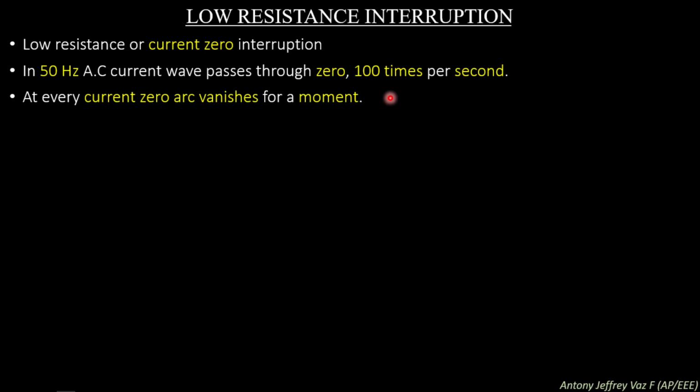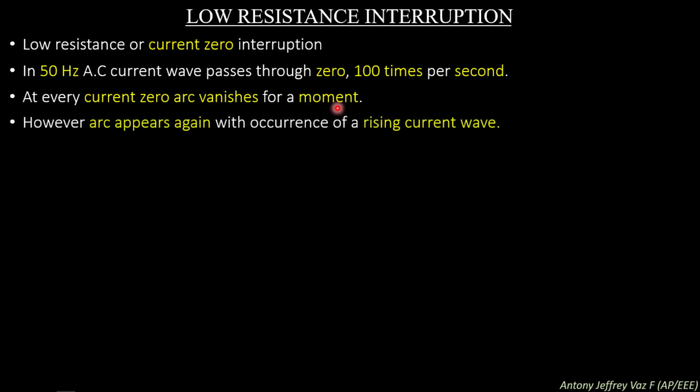We know that a sine wave passes through 0, so a 50 Hz AC current wave is also in the form of a sine wave, so it will pass through zero 100 times per second. At the 0th position, the current wave vanishes for a brief moment. However, the arc appears again with the occurrence of a rising current wave.